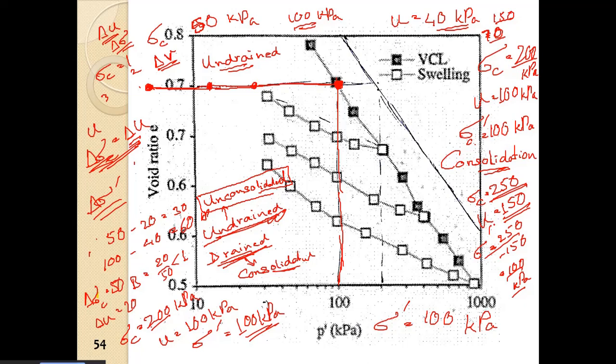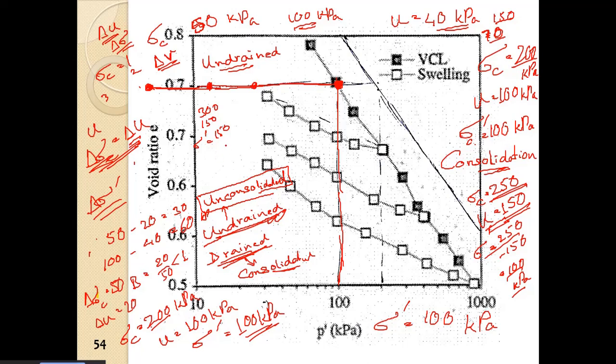We can keep the pore water pressure constant and go on increasing the cell pressure. If I increase the cell pressure from 250 to 300, while keeping the pore pressure the same at 150, the effective stress in the soil changes to 150.